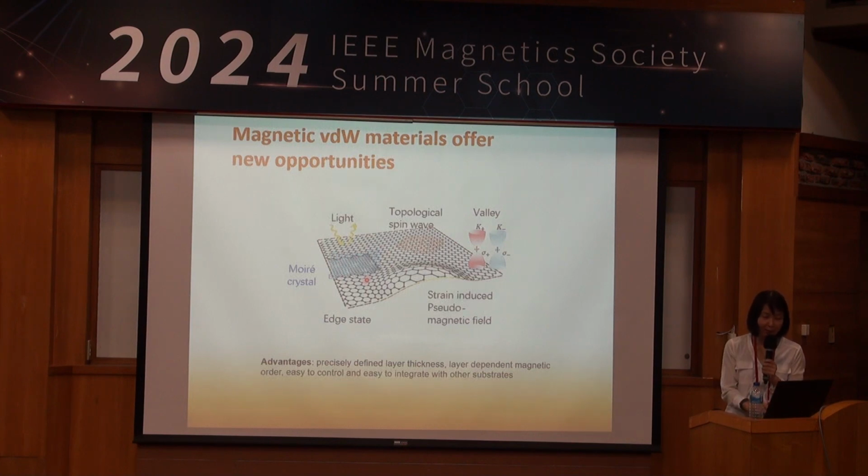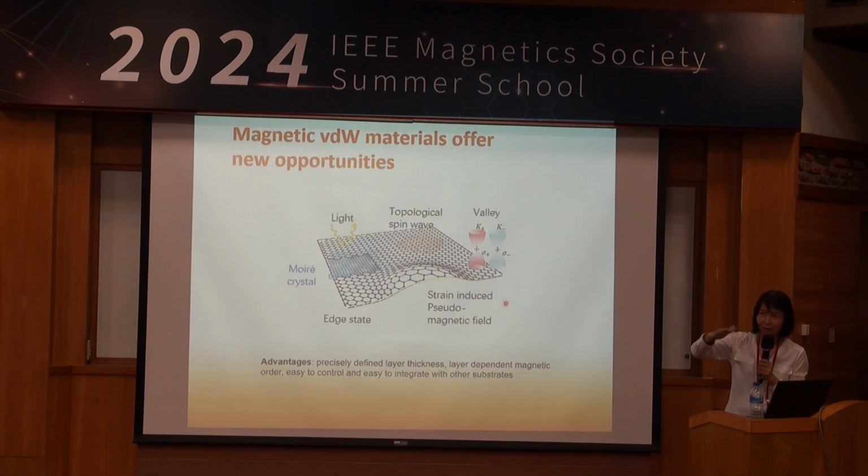This is really not the focus of the short talk I want to give on this topic. But there are just many ways you can manipulate this material to create a superlattice and look for topological spin waves, and they have valleys. I talked about valleytronics; there's also a binary degree of freedom associated with valley.